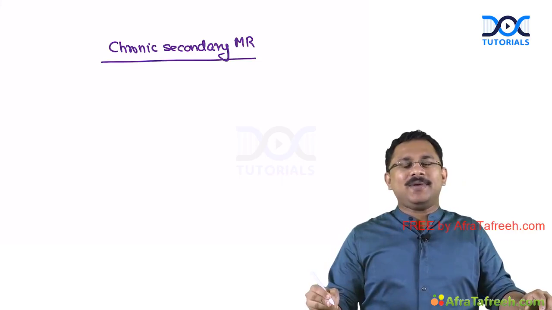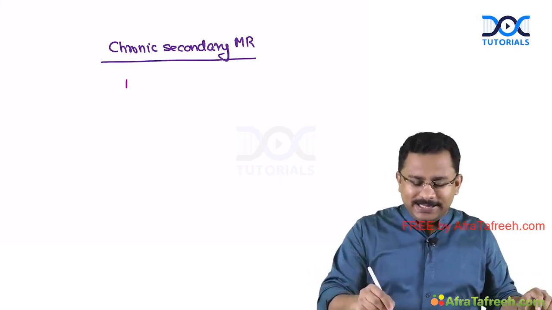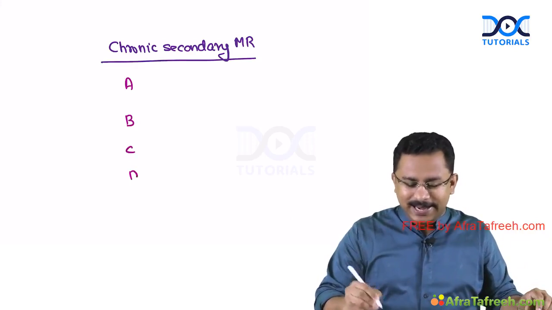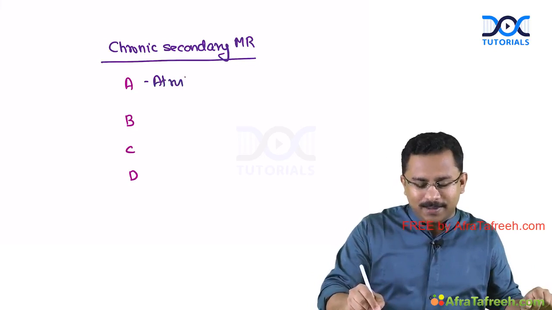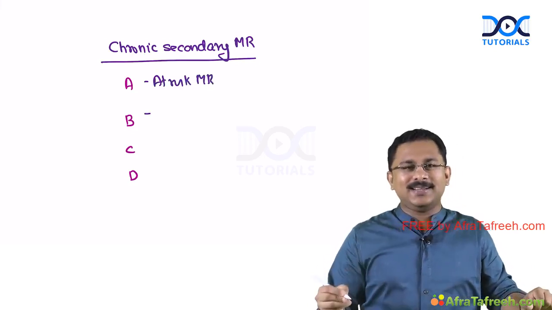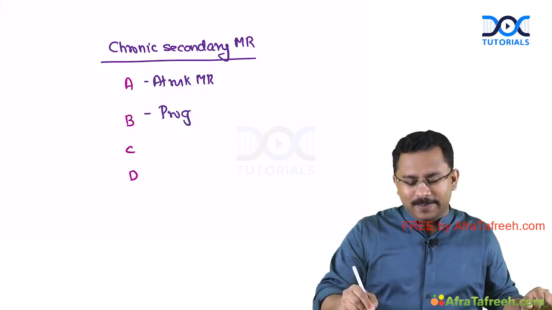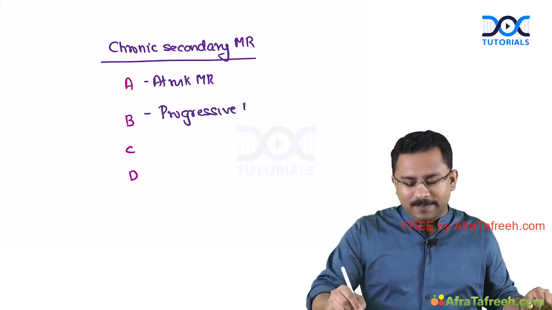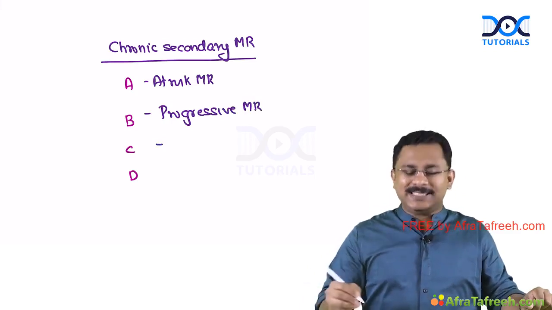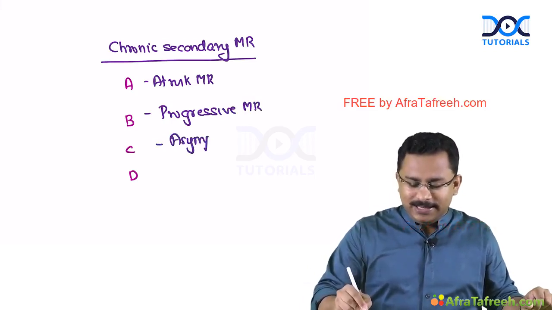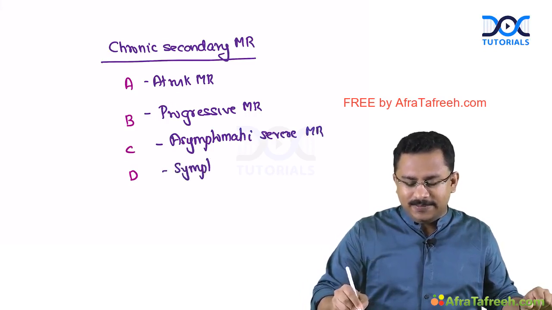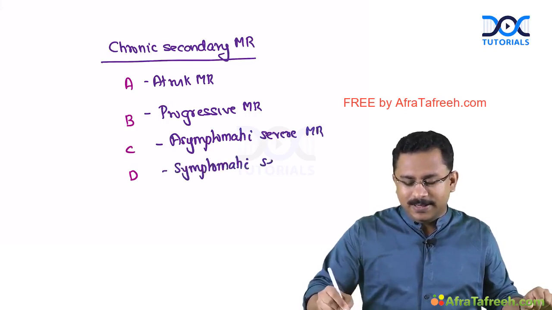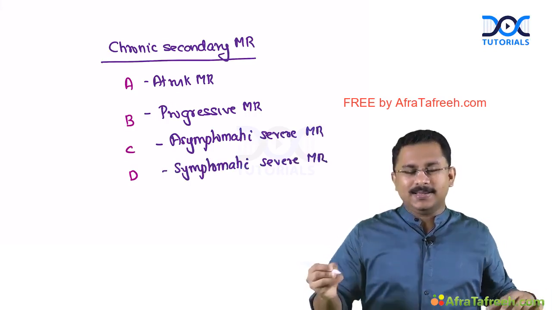So chronic secondary MR again is divided into various stages A, B, C and D, just like your primary MR. A is your at-risk mitral regurgitation. B is progressive MR. And C is asymptomatic severe MR. And D is symptomatic severe mitral regurgitation.